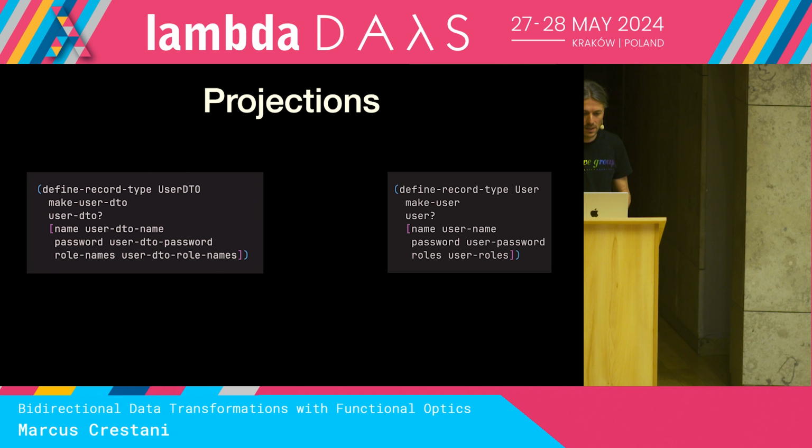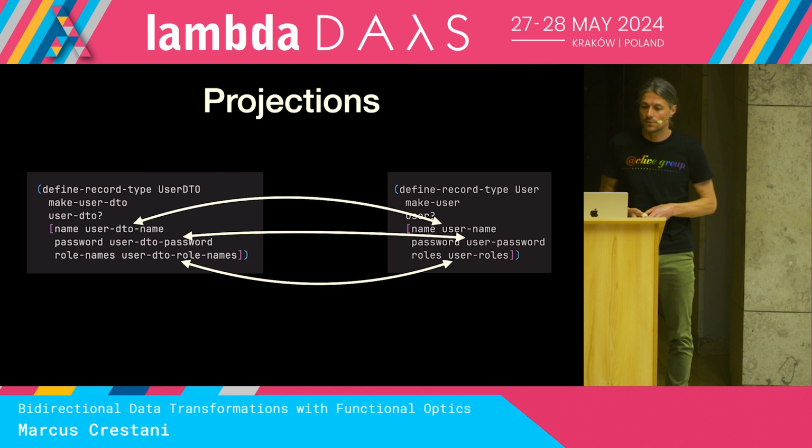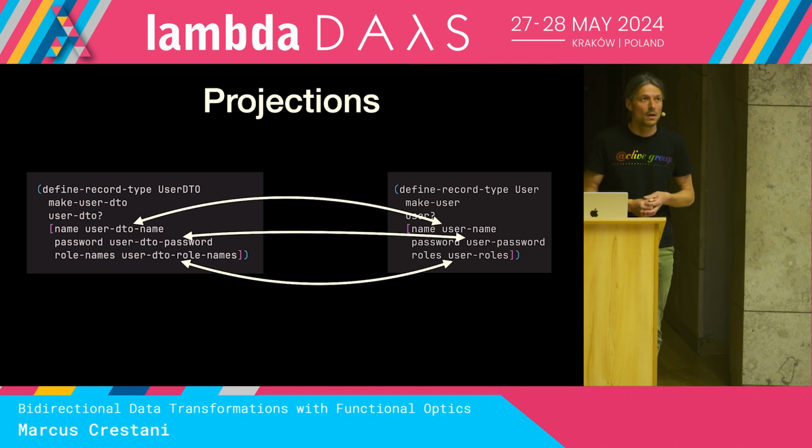Again, name, password, and the role names this time. And these are the arrows of the projection of this particular case. These are the arrows we need to define, the relations we need to implement to specify the back and forth mapping between these two data structures.